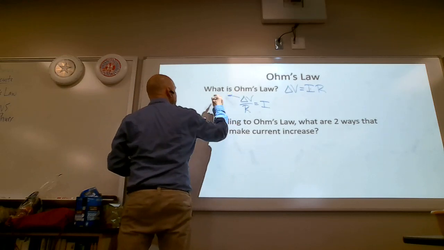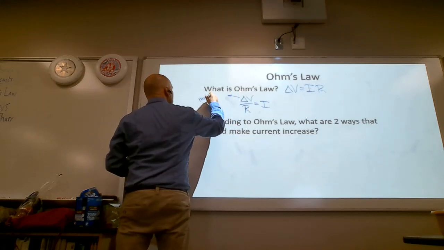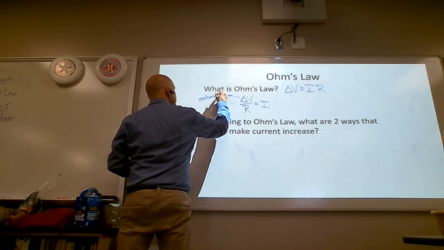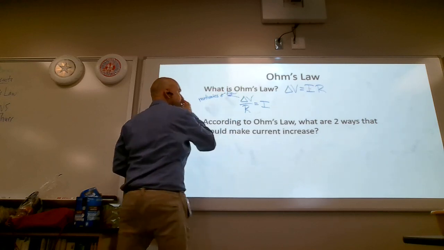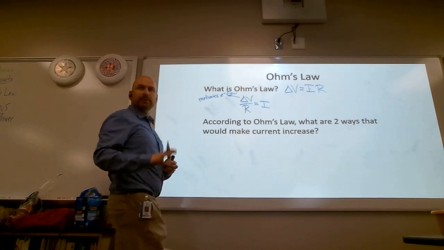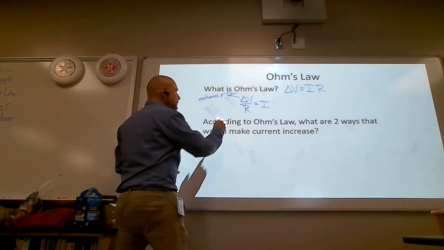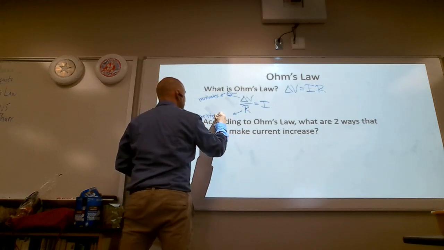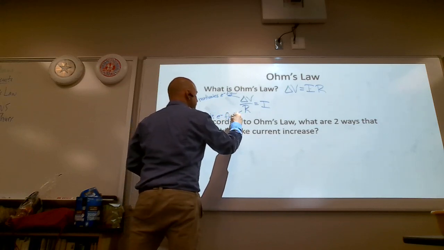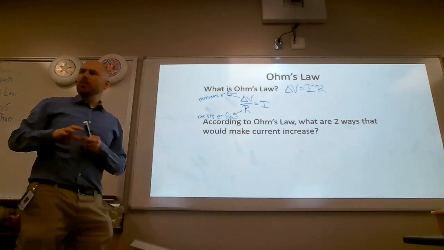So voltage motivates electron flow. It's the push, it's the pressure. It's like, come on, let's go. Resistance resists electron flow. Like, come on, whoa, whoa, whoa.